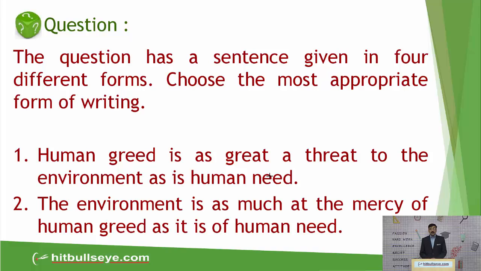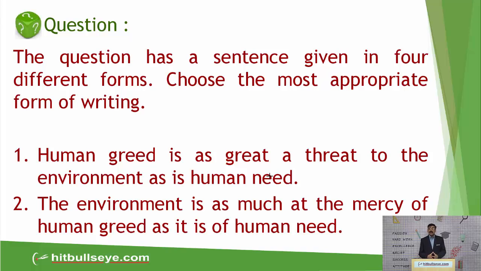Now this question which you can see on the screen is based on sentence correction or sentence improvement. Generally we are given 4 sentences and we have to pick the sentence which makes sense grammatically, contextually and idiomatically. If you read the sentence, you will find that we are given the correlation between human need and human greed.